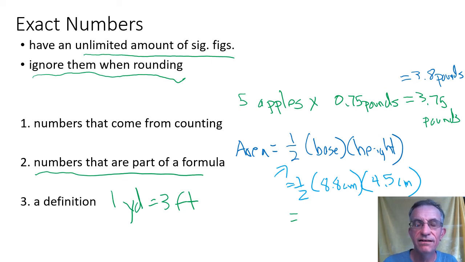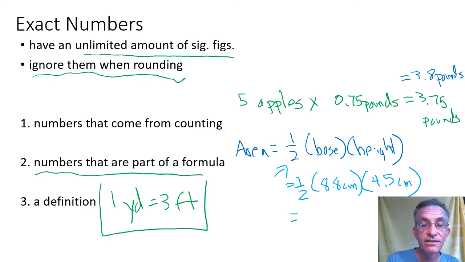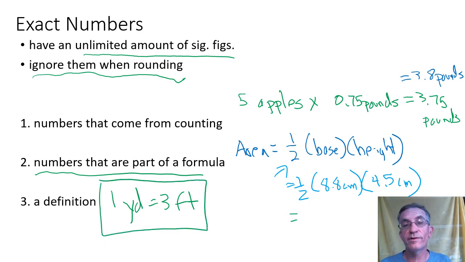Because in the next video, you're going to see a lot of ideas like this. These ideas, 1 yard is 3 feet, are called conversion factors. And with conversion factors, we don't worry about how many digits are in them when we decide how to round our answers. So when you get to the next video, this might make a little more sense. Keep that in mind: conversion factors are like definitions. We don't think about how many sig figs are in them when we decide how to round an answer.